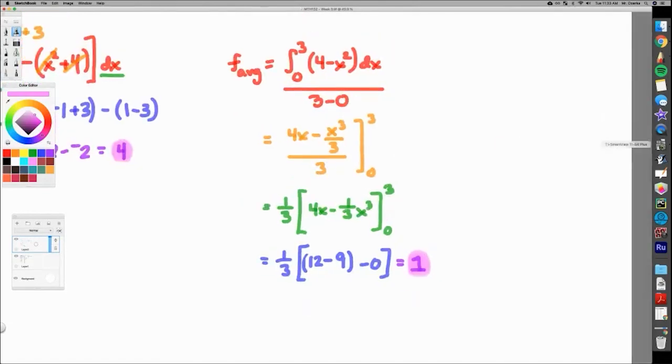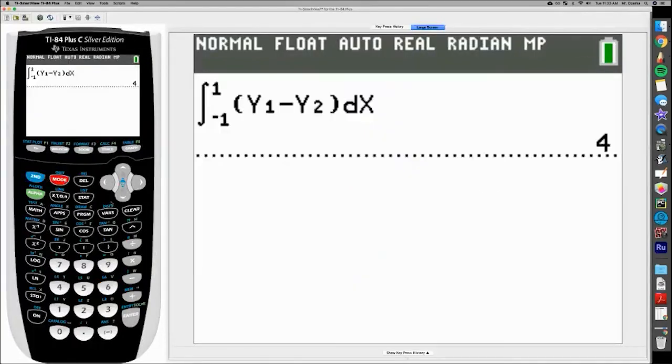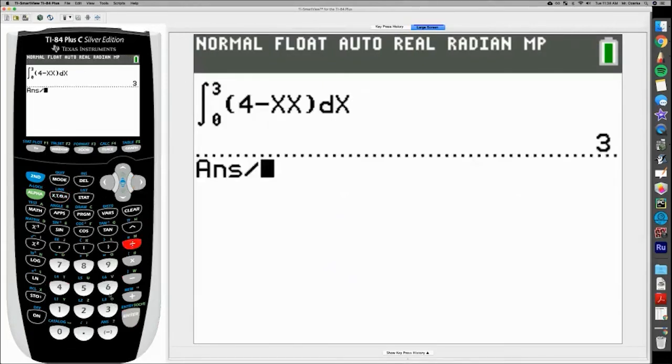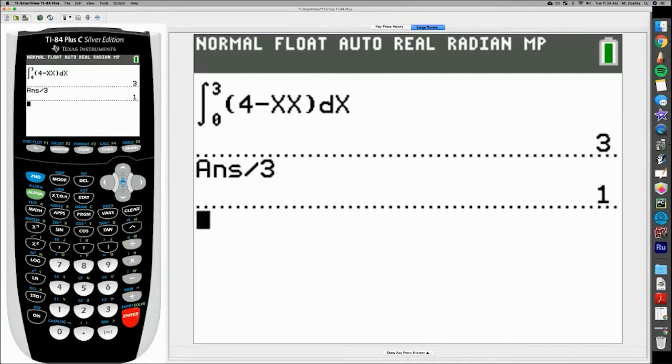All right, here we go. Math 9, 0 to 3 of 4 minus x squared. Try not to forget the divided by 3 this time. Divided by 3, boom, 1.